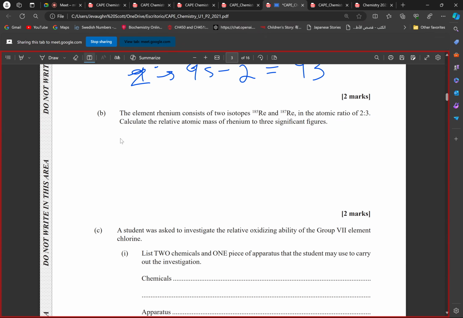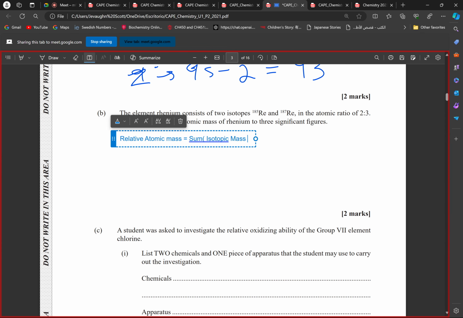Relative atomic mass is going to be equal to the sum of the isotopic mass times the abundance ratio, and then we divide by 100.